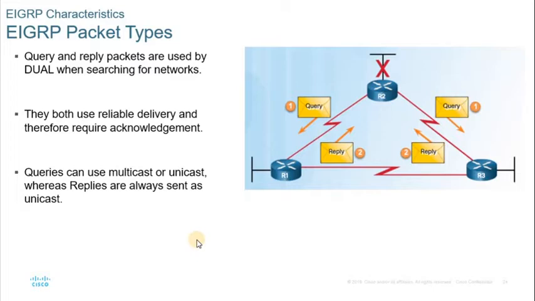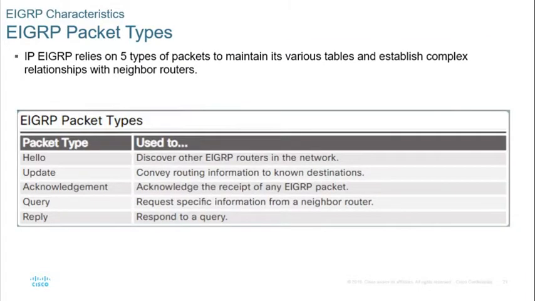Unicast means one to one, as we learned in CCNA 1. So these are the different types of EIGRP packets. Just take note of these terms, as they might pop up in our instructor's exam or quiz after each module.